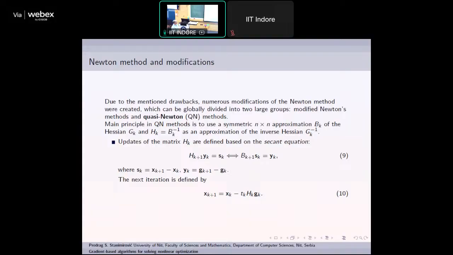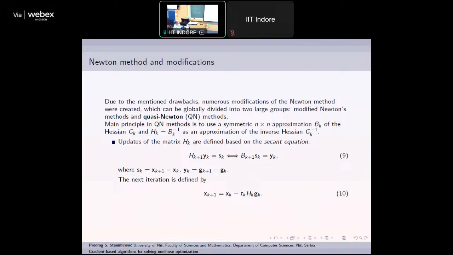There is a rule how to define approximations. B_k is the approximation of the Hessian matrix. H_k is the approximation of the inverse of the Hessian matrix.